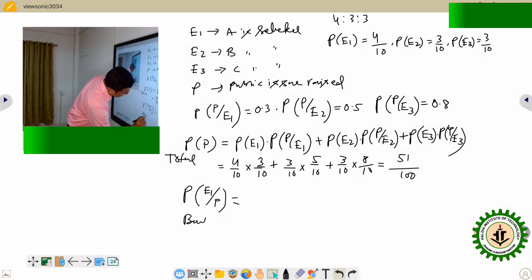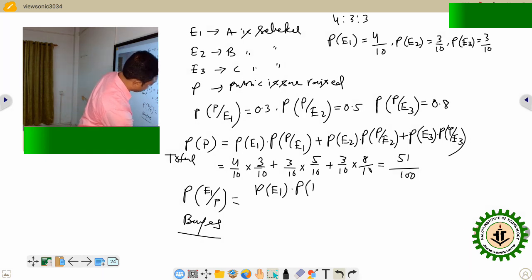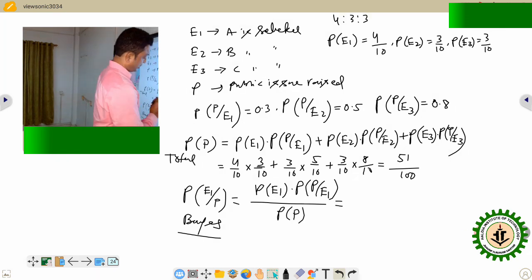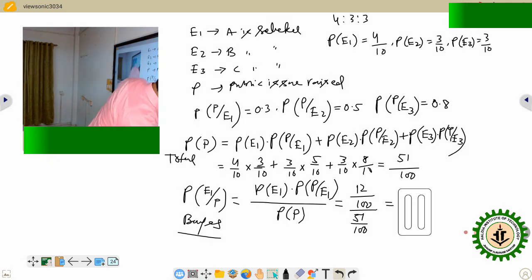So this is probability of E1 into probability of P given E1 by probability of P. So this is 4 into 3, 12 by 100 divided by 51 by 100. So you are getting the probability as 12 by 51. 12 by 51 is your answer.